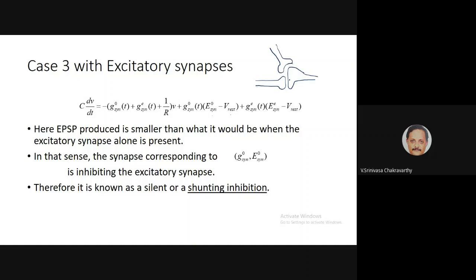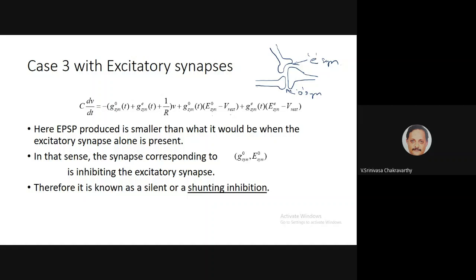So here I have this, which is the zero synapse, whereas this is my excitatory synapse. Both are having their inputs at the same postsynaptic terminal or postsynaptic site.